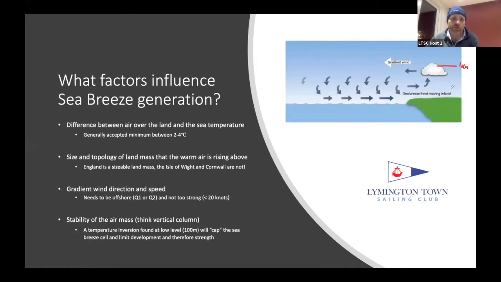If you get a temperature inversion at sort of 100 or 300 metres above the ground, capping that circulation, you can see that it's not really reaching the full gradient breeze, which sits at about 500. So you're not getting that much return. The return flow, the gradient breeze, will be quite light, and it doesn't get very high. So that circulation will be so much less if it's capped by that temperature inversion. Again, I'll show you how we detect that in a minute.